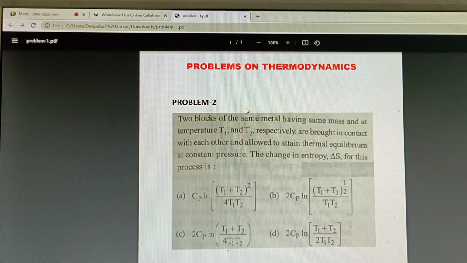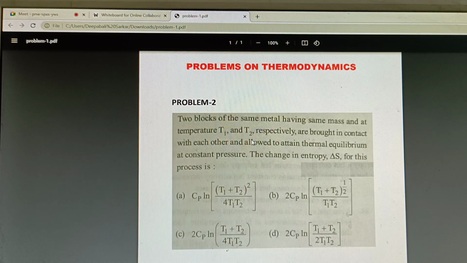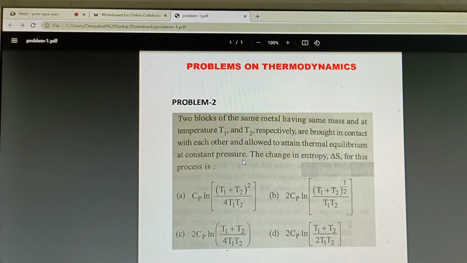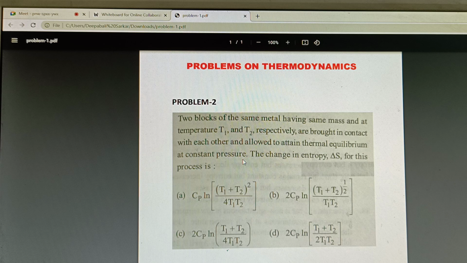Problems on thermodynamics. The problem is: two blocks of the same metal having the same mass and temperatures T1 and T2 respectively are brought in contact with each other and allowed to attain thermal equilibrium at constant pressure.